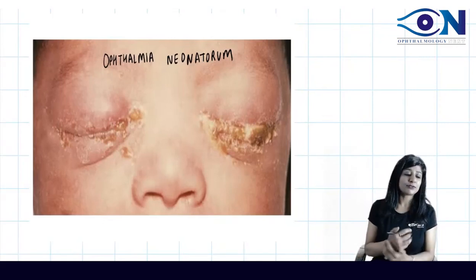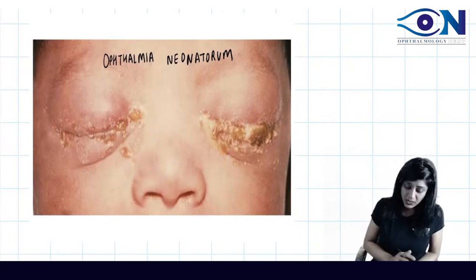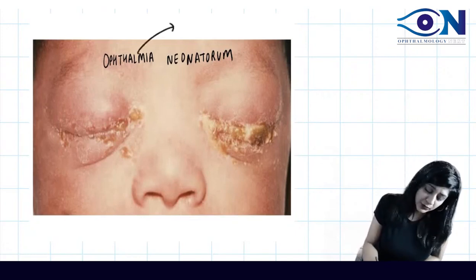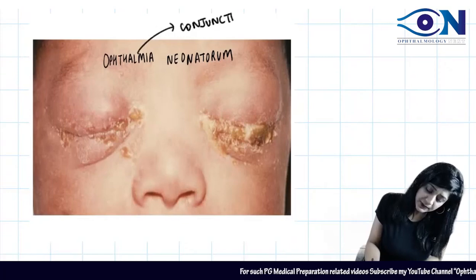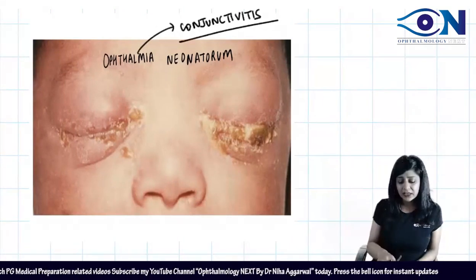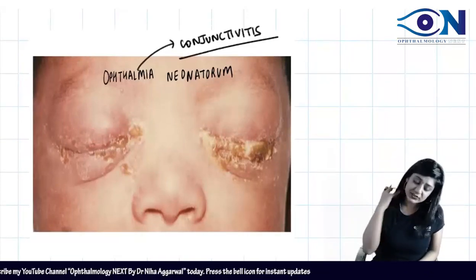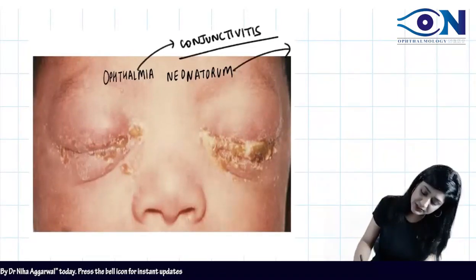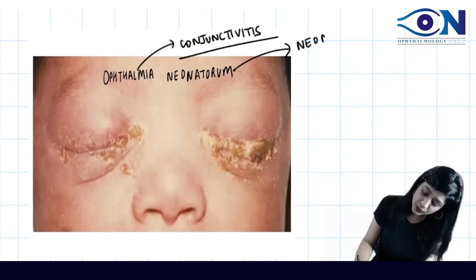Now, this is your ophthalmia neonatorum. So, ophthalmia neonatorum, here we are having the conjunctivitis. Neonatorum means it is in the neonate.